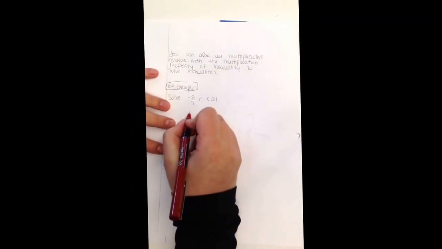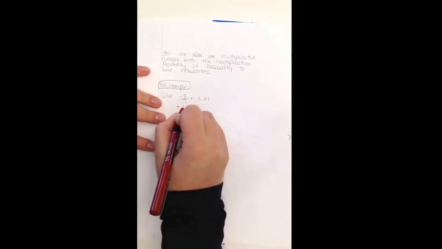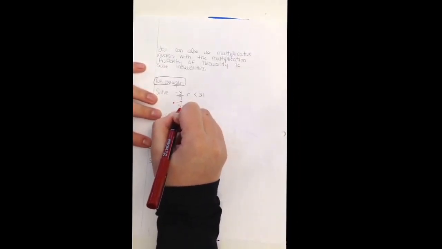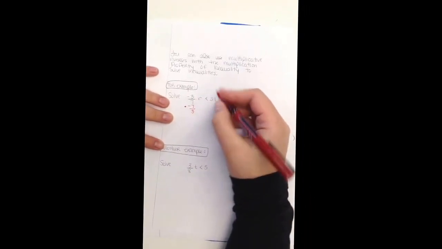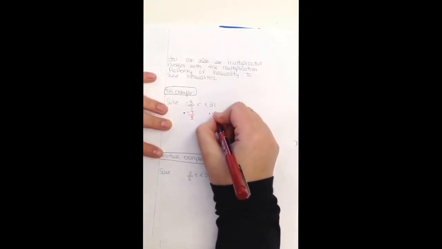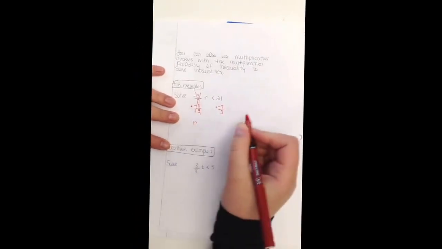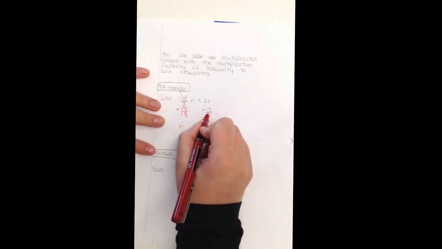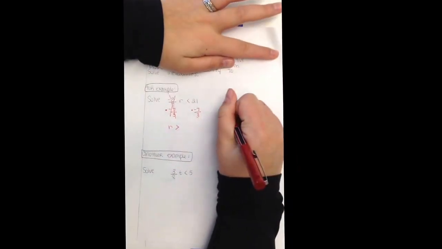So to solve this inequality, I'm going to take each side times negative 7/3. Negative 7/3 is just the inverse of negative 3/7. These are going to cancel. I get r, and now this is a negative number and I'm multiplying, so I have to flip the symbol to greater than.